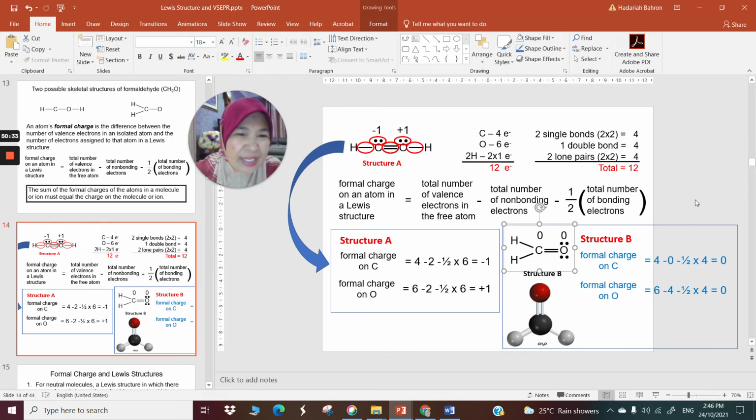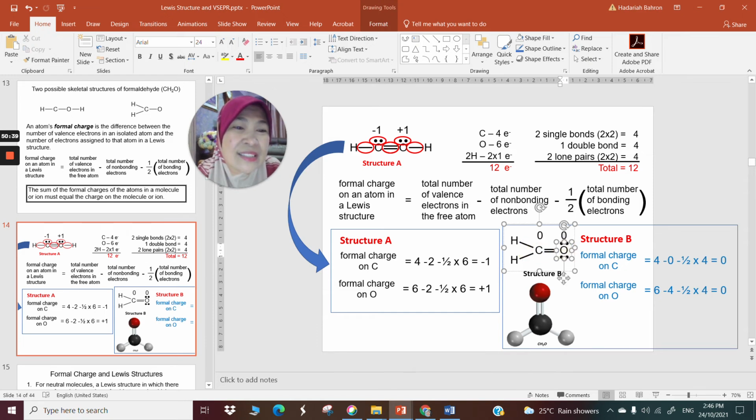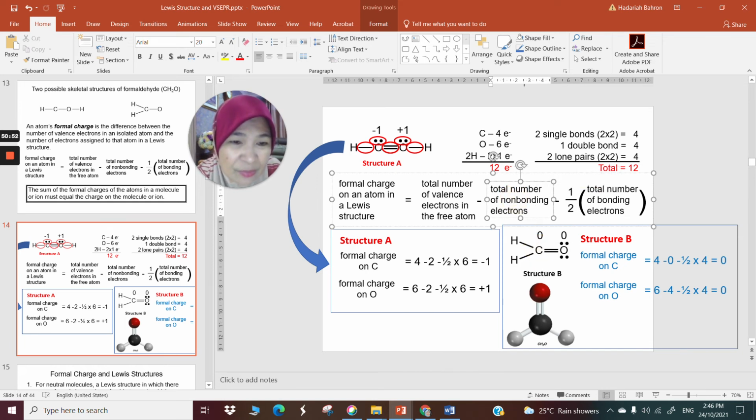So let us check the formal charge of carbon and oxygen in structure B. In structure B, the formal charge on carbon is 4 minus 0. Why 0? Because there are no non-bonding electrons for your carbon. 4 minus 0 minus half of 4. 1, 2, 3, and 4.